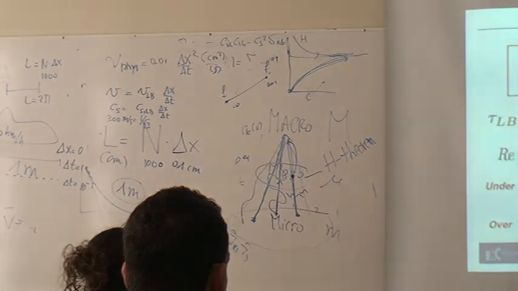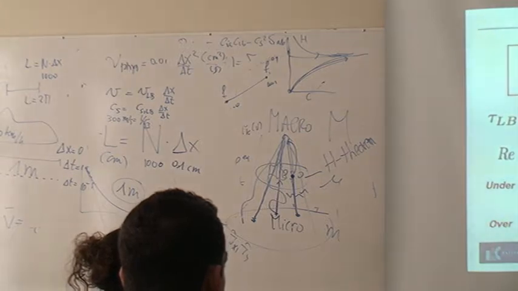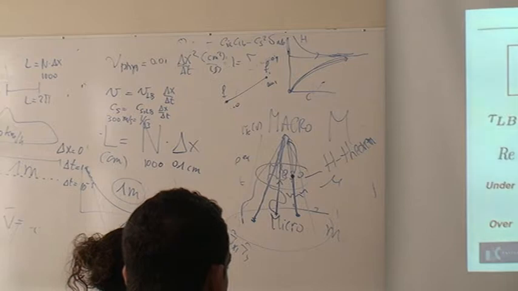As long as this number is the same in your computer and in the experiment, then you're fine for incompressible flows. If there are more quantities to take care of, then you may run into trouble, because there are more dimensionless numbers that you have to make equal between the simulation and the experiment, and this can be a problem.